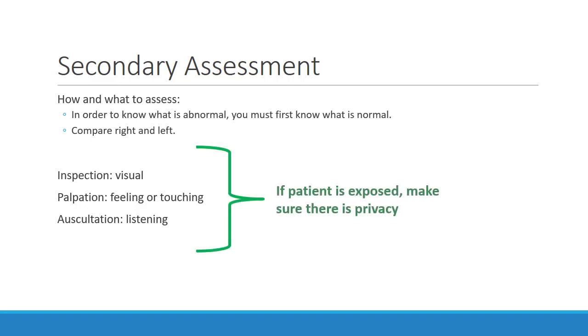It is important as you do your inspection, palpation, and auscultation that if you have to expose the patient, and you will, make sure that there is privacy. We don't need spectators and unnecessary people around if we are exposing the patient.